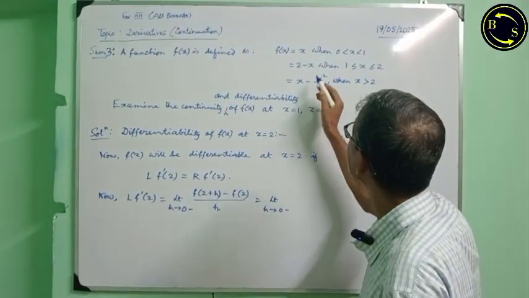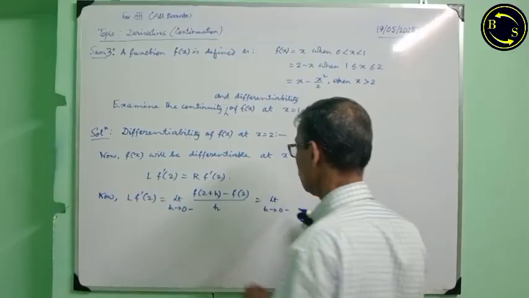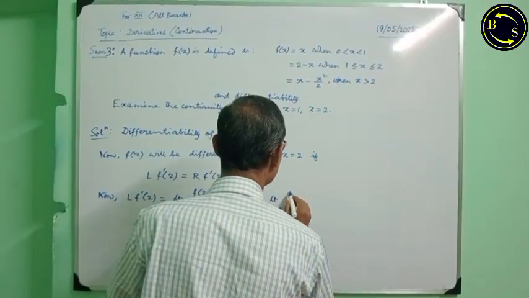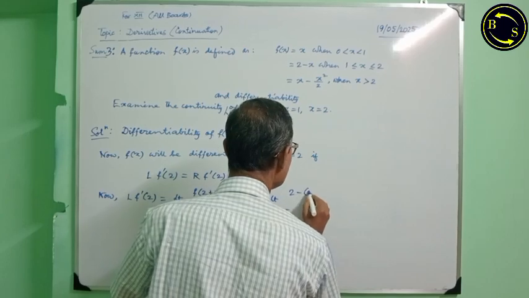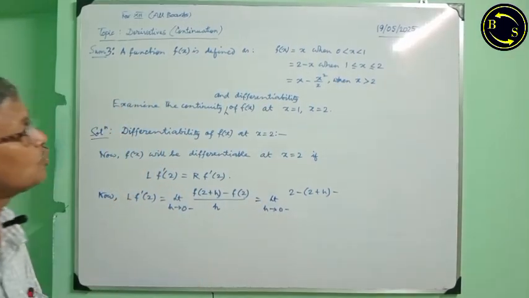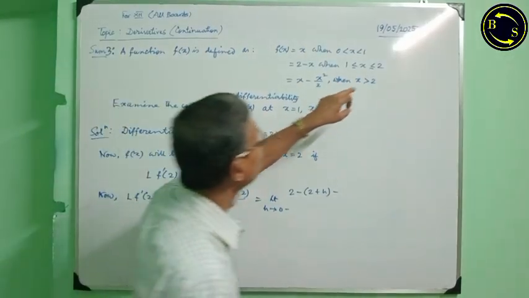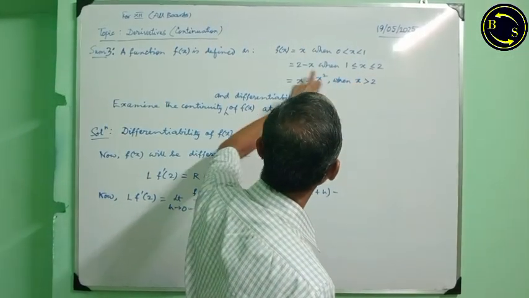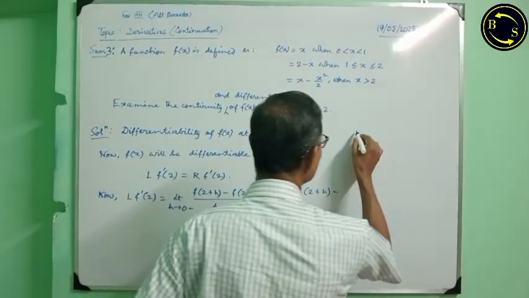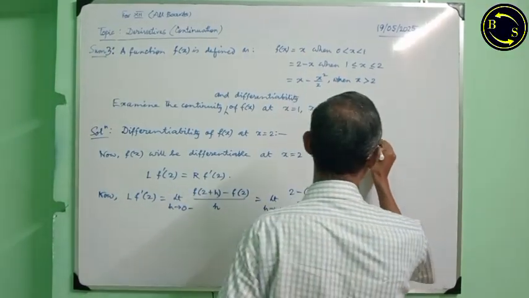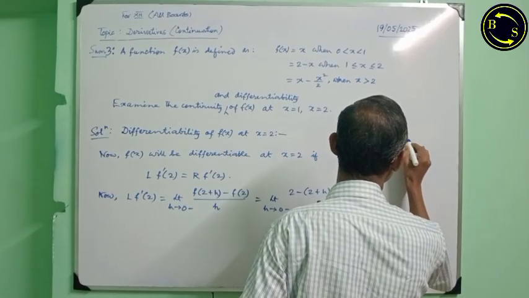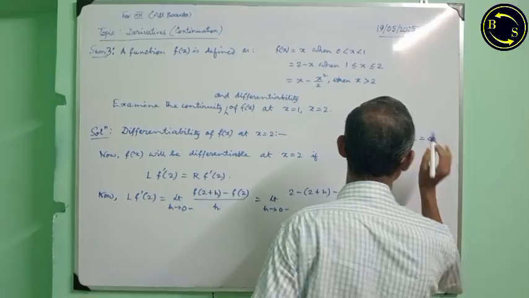f(2 plus h) will be found from this one. That means in place of x we have to put 2 plus h: 2 minus (2 plus h), minus f2, and f2 will be obtained from the same condition: f2 equal to 2 minus 2 equal to 0.